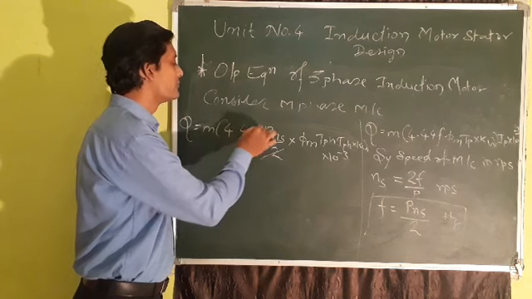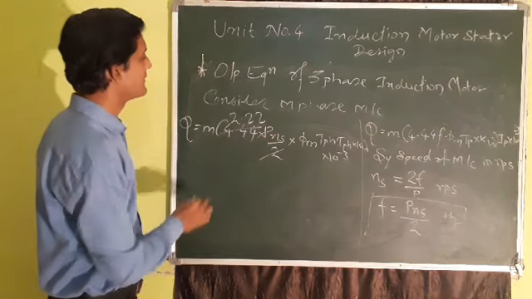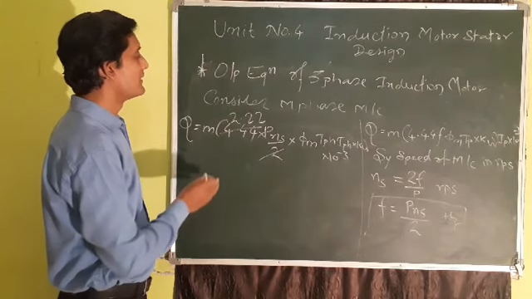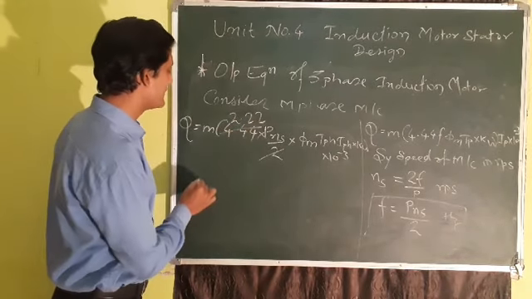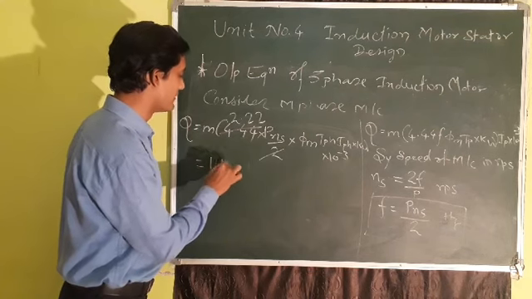Here 2 cancels with this 4.44, so we will get 2.22. From this 2.22, common 2 gets taken out, so it may be represented as 1.11.